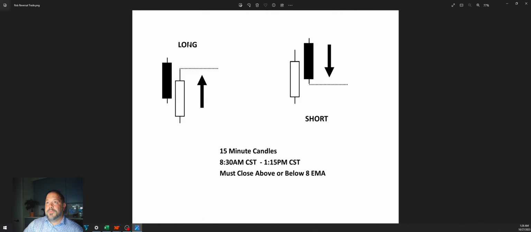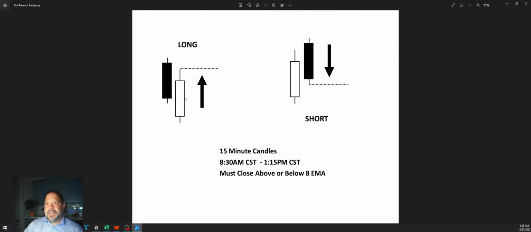For a long, we are looking for a red candle, in my case a black candle, because black represents down in my charts. I have a white candle for my longs, which would be a green candle on other charts depending on how you have your charts laid out. So we're looking for that down candle.